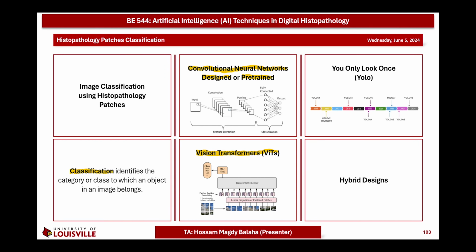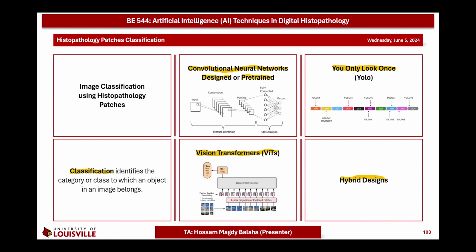One more approach is called You Only Look Once or YOLO, and that approach is mainly produced to make detection and localization, but some models from YOLO, such as YOLO version 8, can be modified to be used in classification.